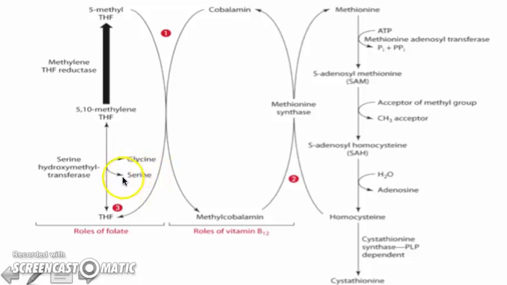So serine will transfer its methyl group to tetrahydrofolate to form 5,10 methylene tetrahydrofolate, and then when serine is demethylated, it's then converted to glycine. From there, we have activity of this key enzyme that we've discussed previously, the methylene tetrahydrofolate reductase. And with the activity of this enzyme, we have conversion of the 5,10 methylene tetrahydrofolate to 5-methyl tetrahydrofolate.